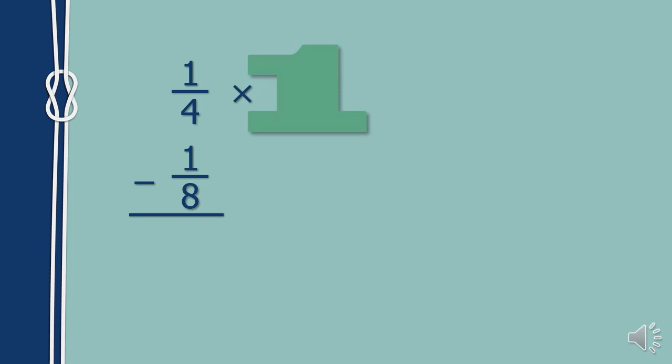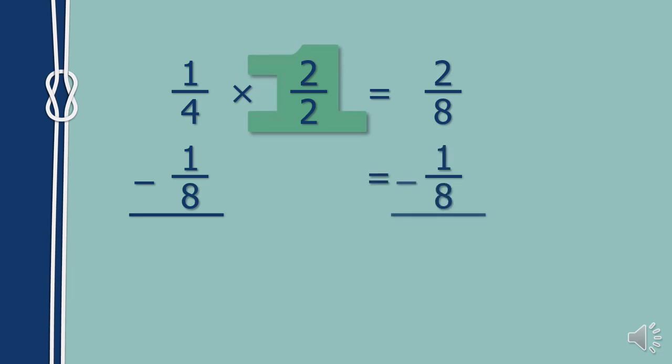If we want to put 1/4 into eighths, we should multiply by 2/2, which would give us 2/8. Now we have 2/8 minus 1/8, which gives us 1/8. 1/8 is a proper fraction, so we're good. Did you get that answer? I hope you did. Let's try another one.